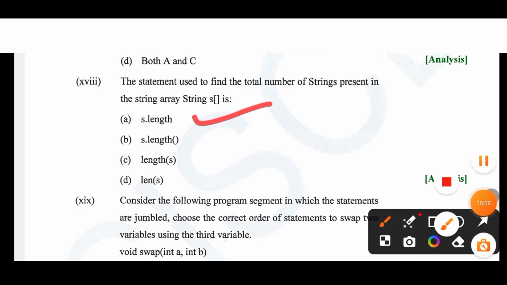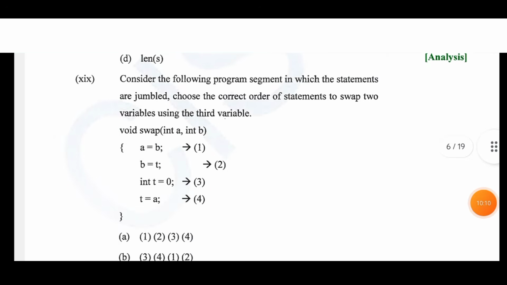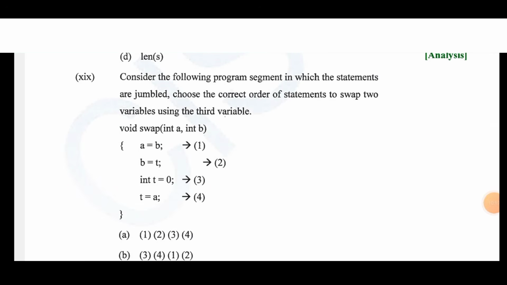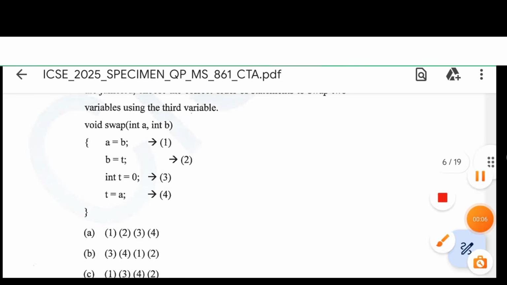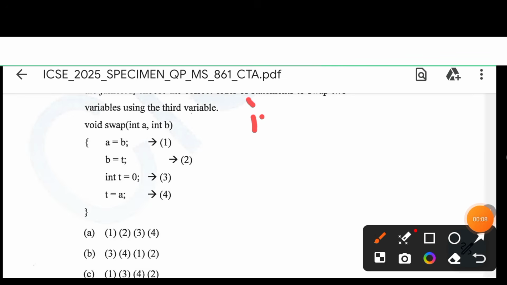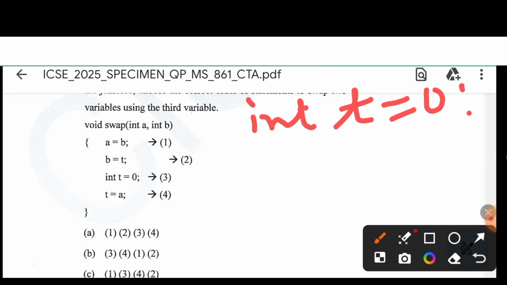Now let's go to question number 19. Consider the following program segment in which the statements are jumbled. Choose the correct order of the statements to swap two variables using a third variable. First we have to declare a temporary variable, so the very first statement is going to be int t. In the question it is given initialized with 0, so we will also initialize.